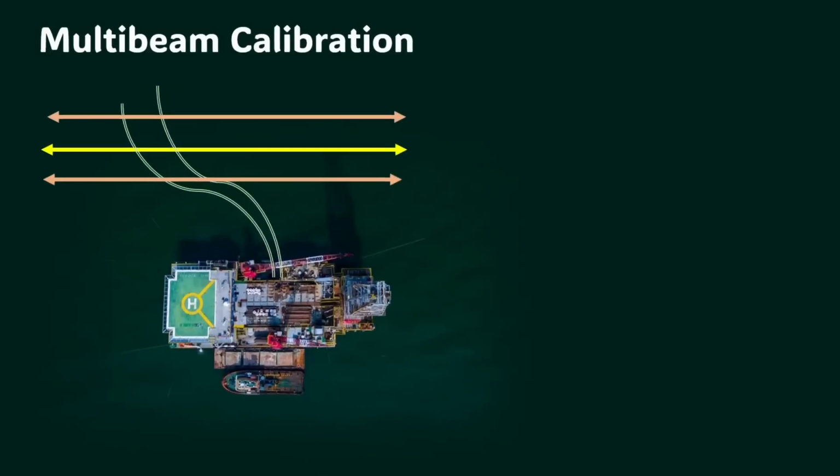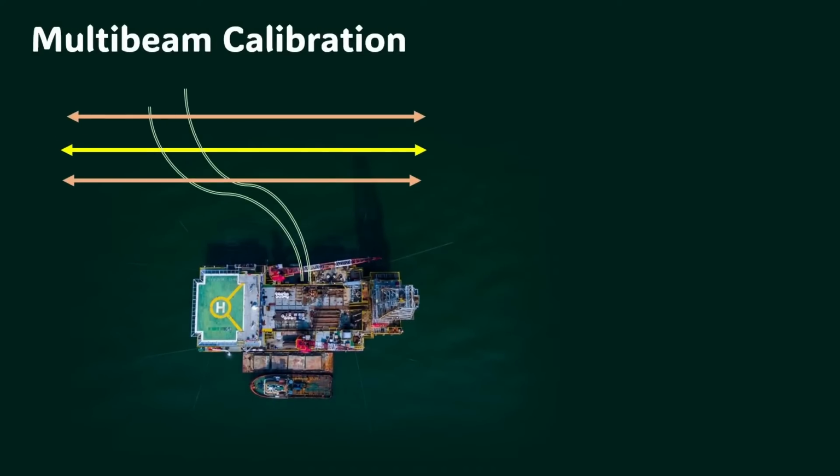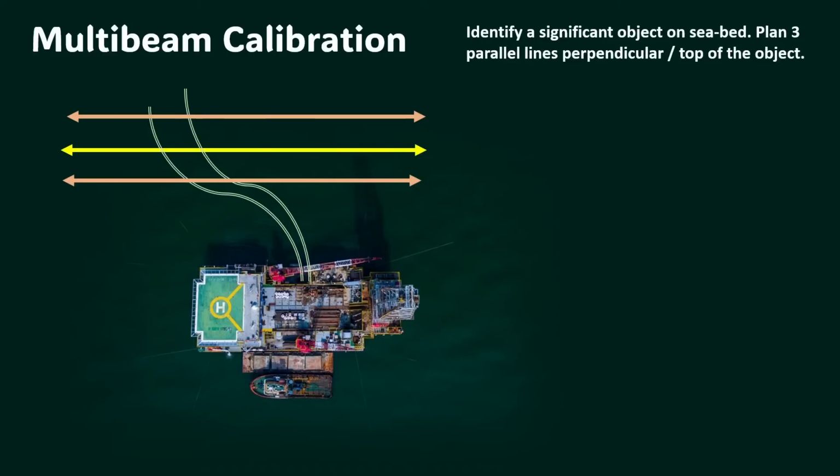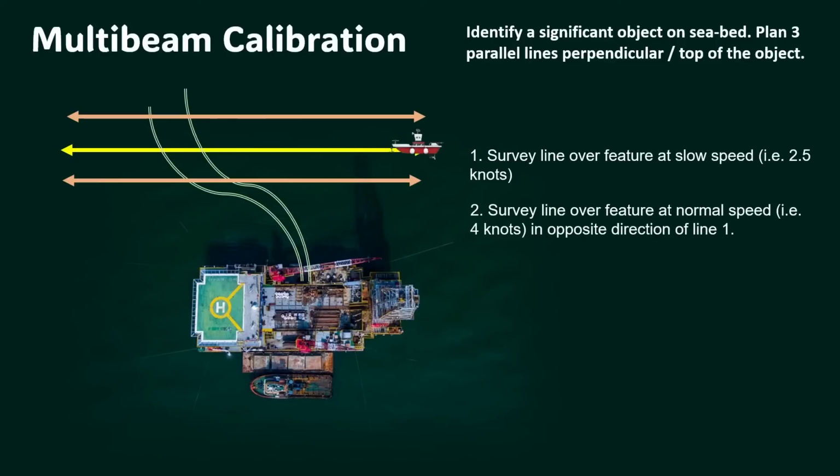So to do a multibeam calibration, first identify a significant object on the seabed. In our case it is a couple of pipelines, and the surrounding seabed needs to be relatively flat. Now plan 3 lines perpendicular and on top of the object. First of all, run a survey line over the feature at slow speed, that is 2.5 knots. Second, a survey line over the feature at normal speed, that is about 4 knots, in the opposite direction of line 1.